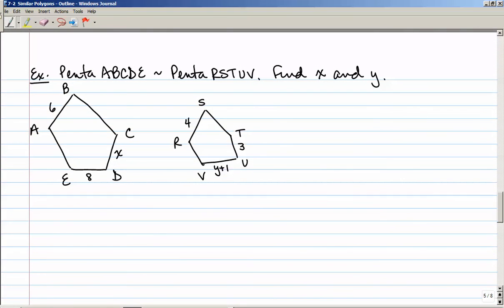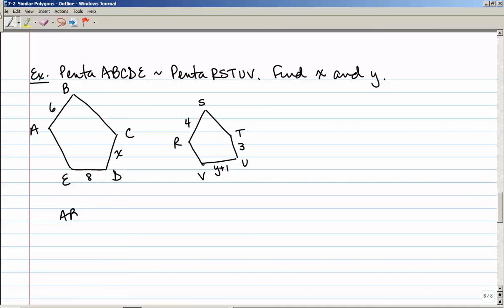Here we have pentagon ABCDE and pentagon RSTUV, and we need to find X and Y. We know that they're similar to each other, so I know that AB corresponds to RS, ED corresponds to VU, and CD corresponds to TU. So I'll go ahead and write that out.